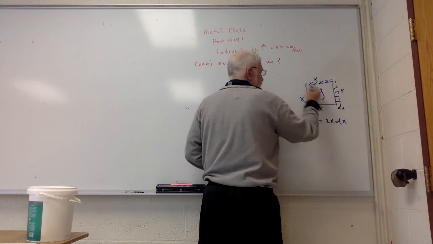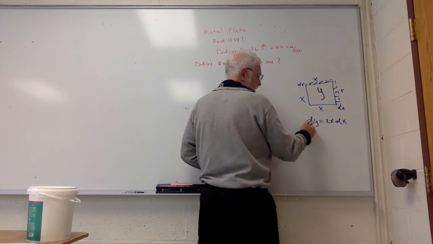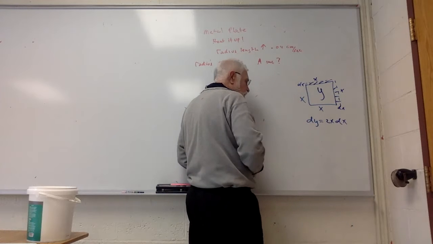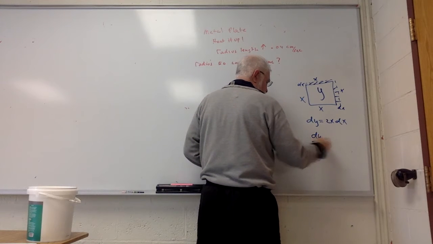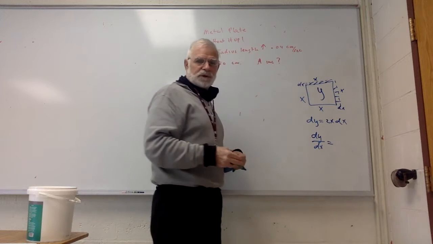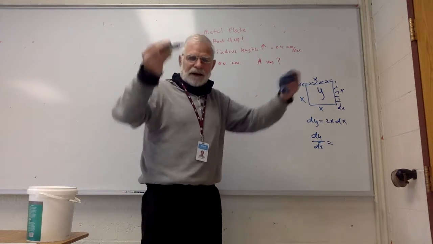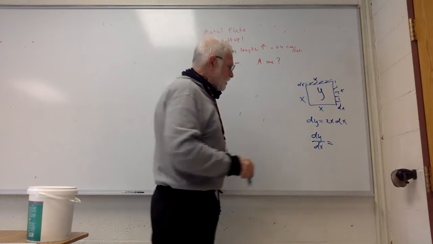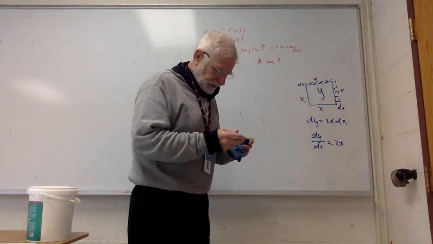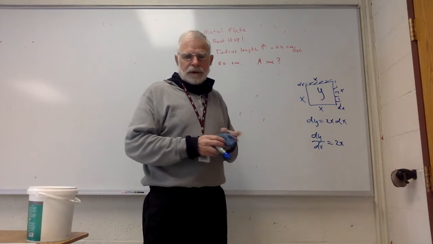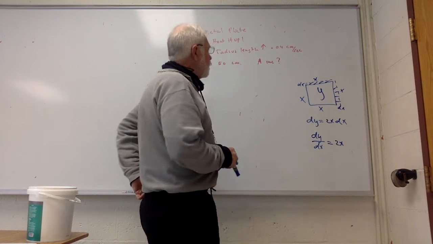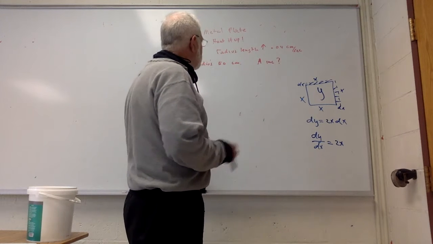A dx and a dx. We got ourselves a differential statement, dy equals 2x dx. And it becomes a derivative when we compare the change in y to the change in x. Then we have a rate of change, which is a comparison, right? Miles per hour. You're comparing things, right? And it's based on the geometry of that, which is basically doubling the length of the side of the square, right? Both of them.